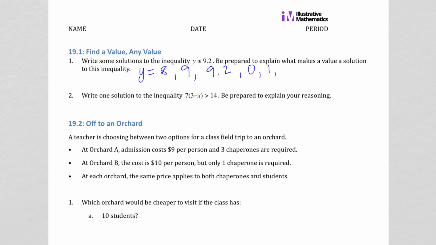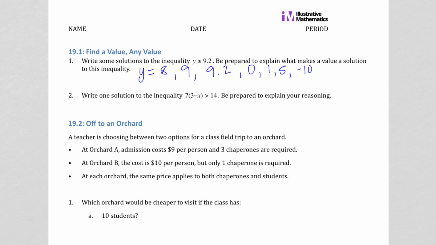Y could be 1. Let's pick one more. Let's say 5. So what makes a value a solution to this inequality? It just has to be less than or equal to 9.2. Anything less than or equal to 9.2. We could have negative numbers. We could have -10. We could have anything there as long as it is less than 9.2.